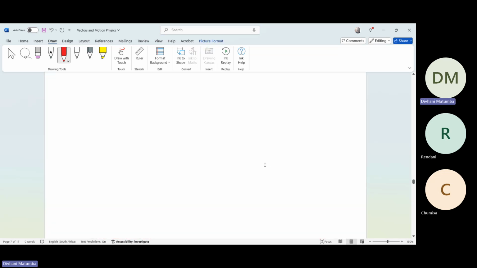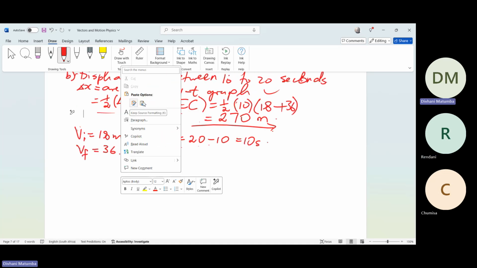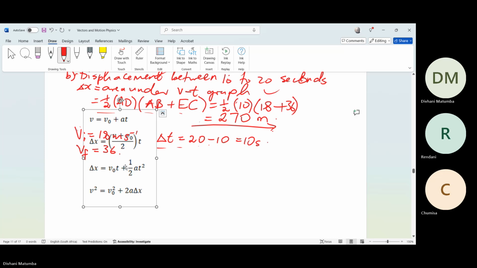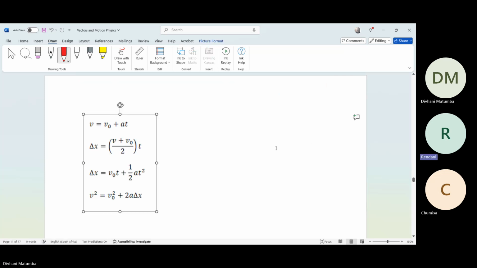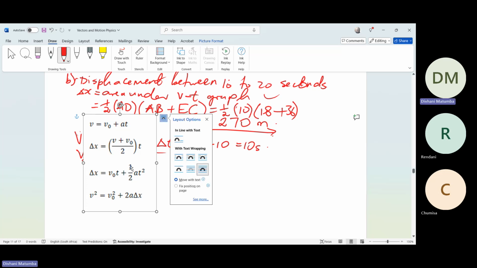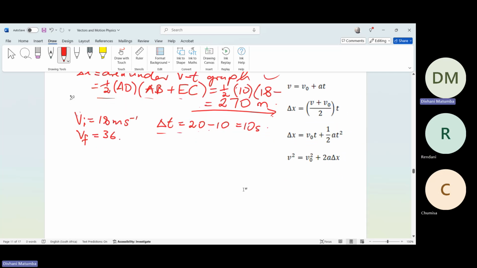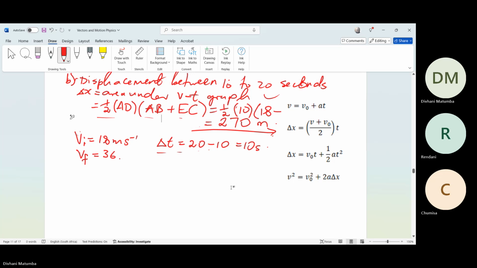Then we will use it from there. These are the equations of motion. Let me put them properly. Which equation were you gonna use? I was going to use the second equation.